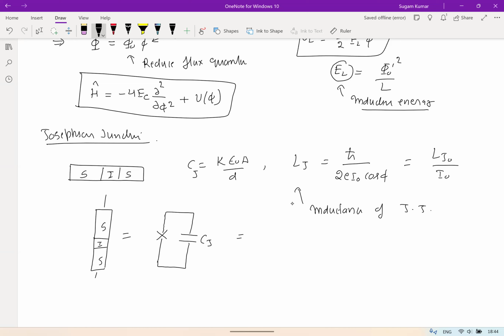In principle, I can represent it as a single symbol as well, or you can even say inductance and capacitance, so inductance is Lj and capacitance is Cj. So everything is already written for us. And this Lj, another form.